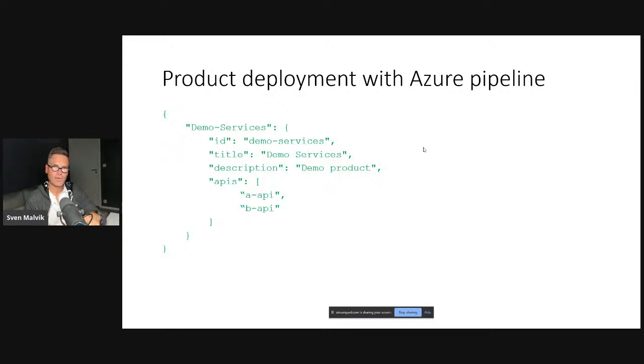We have a JSON file for a product, which basically is just a list of the APIs which are within this product. And when I want to deploy or add an API or remove an API from a product, the script reads this JSON file and then adds or removes an API.